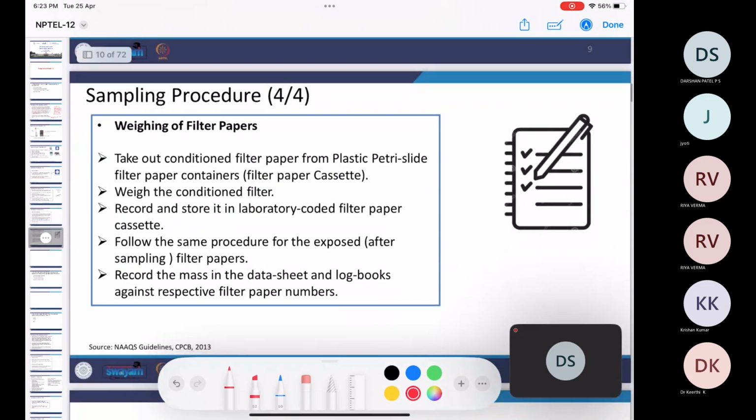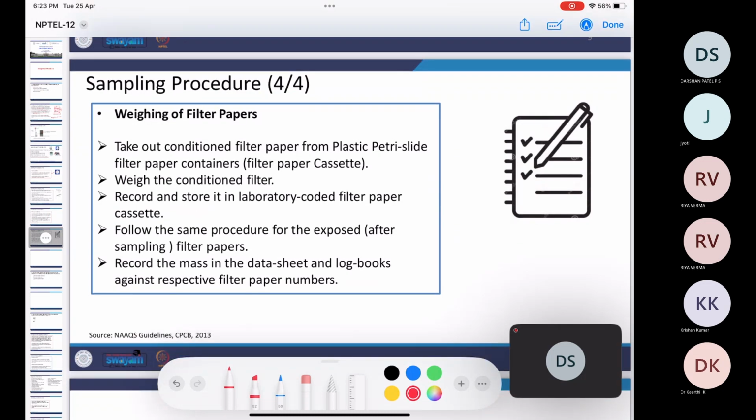Next, to start the experiment, take out your conditioned filter paper from the plastic Petri slide and filter paper containers. Then we need to weigh the conditioned filter as it is. Then record and store it in a laboratory coded filter paper cassette. Then follow the same procedure for the exposed filter papers after sampling.